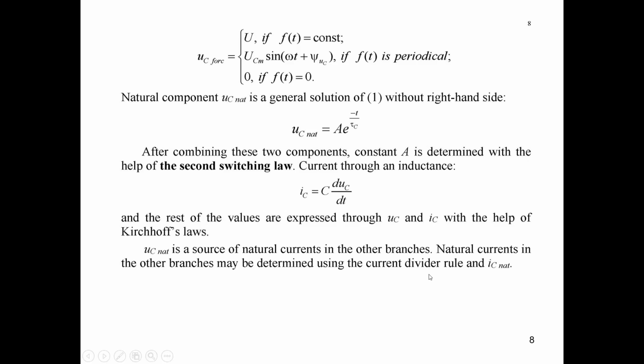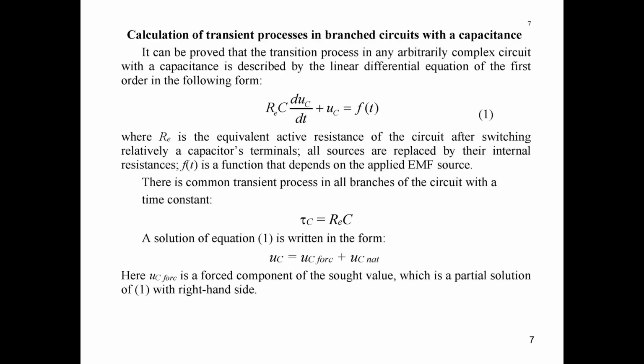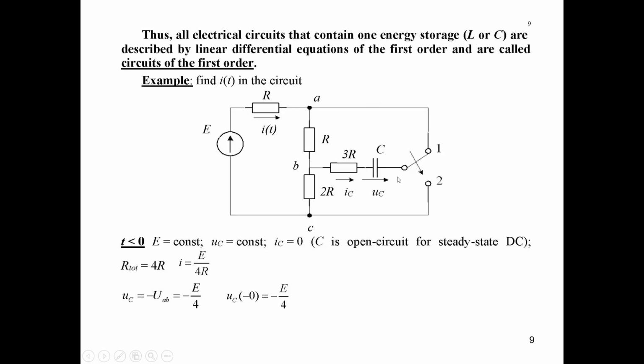We should use these natural components, UC natural and IC natural, for determination of other natural components. Let's consider an example.